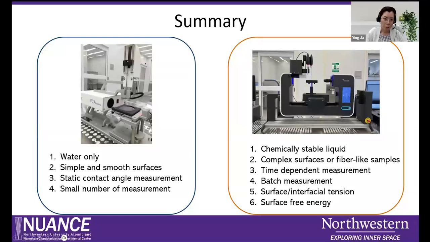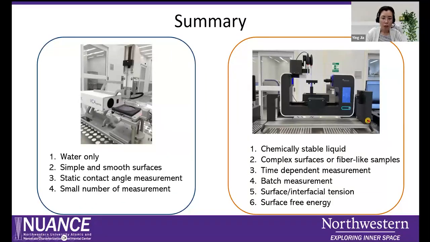We don't want other liquids to introduce possible contamination. Because of the limited contact angle measurements, this method works well only for simple and smooth surfaces, and it only does static contact angle measurement.